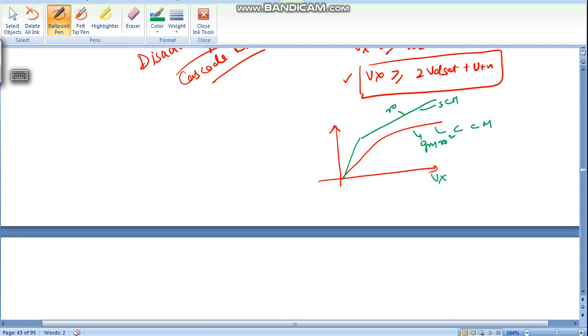This is Vx, this is ID. But even for a low Vx value, low headroom, the simple one will start acting like a current mirror, whereas for the cascode current mirror we need higher headroom.